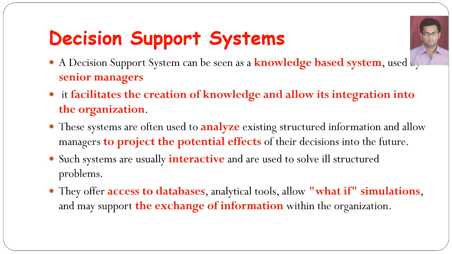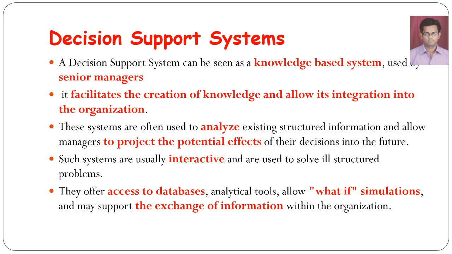Now let's talk about the next level of the pyramid that we have seen in the initial slides, and that level is called the decision support system. We have seen that DSS were visible in the 5 level pyramid and in the 4 level pyramid as well.